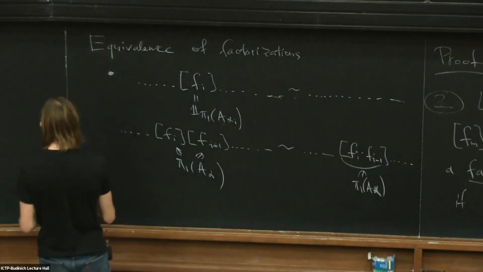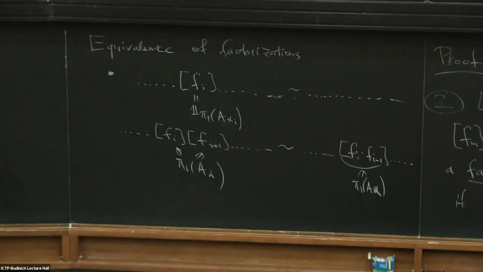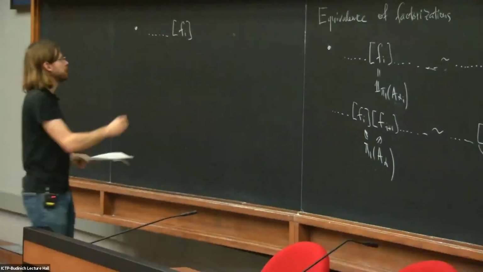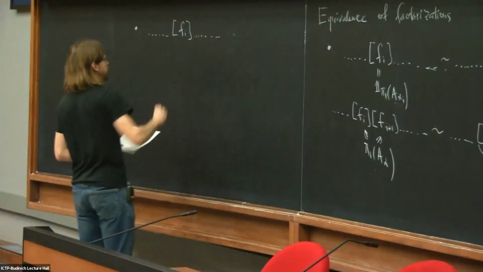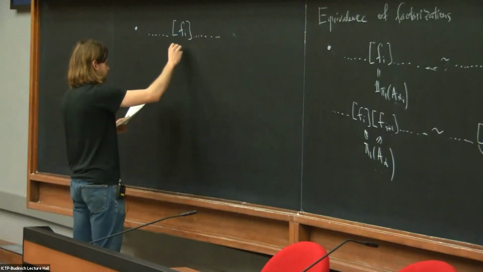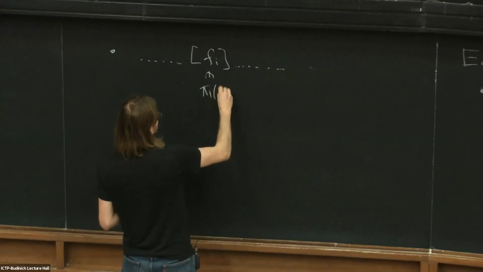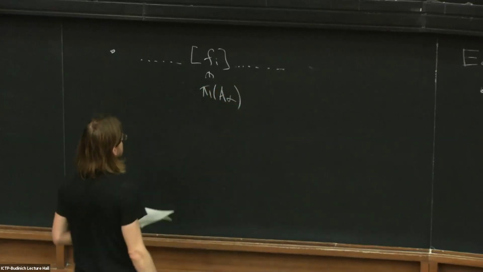And we also want to consider another equivalence relation. Somewhere in our formal product we have an element fi which belongs to some pi1 of A alpha for some alpha.